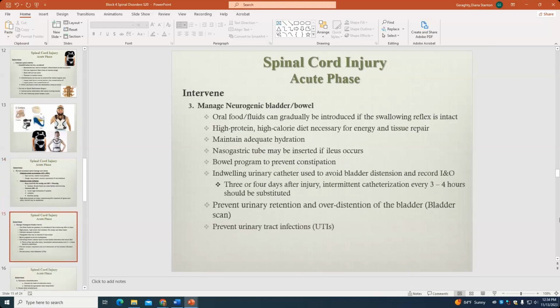Bowel and bladder. Every spinal cord injury is going to have bowel and bladder problems. So this is kind of common sense. A neurogenic bladder just means that there isn't good sensation of your bladder because it's broken.